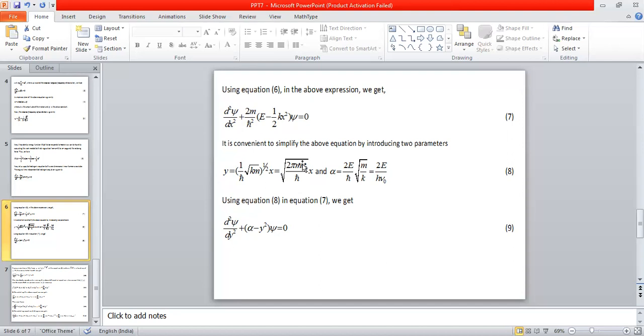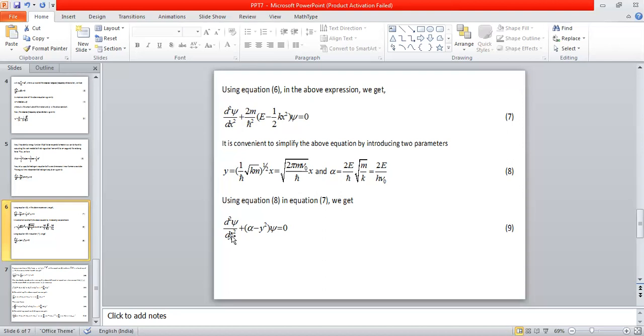So we need to insert this y and alpha into equation 7. Inserting alpha and y into equation 7 is slightly tedious, but easy. I have not done that one. It is an exercise for the students.